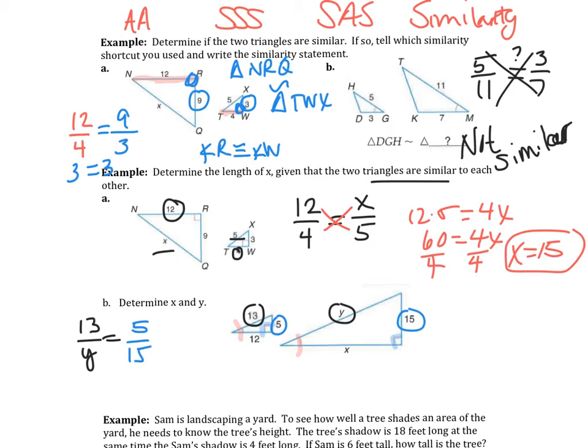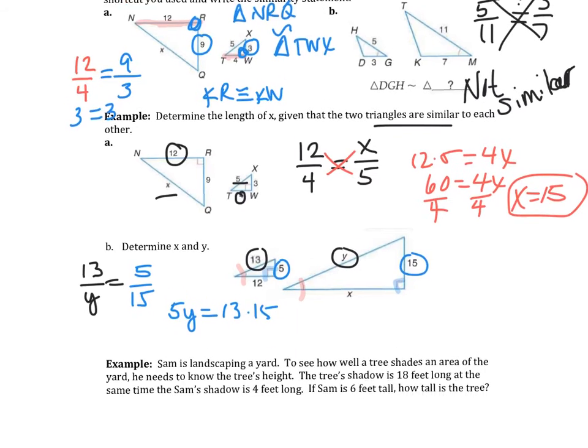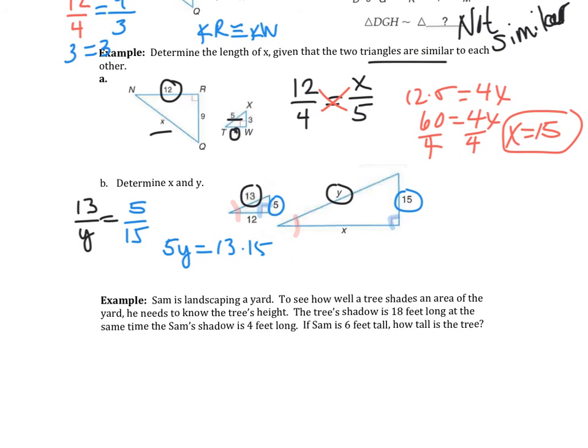So I've got 5y equals 13 times 15, so 5y is equal to 195.